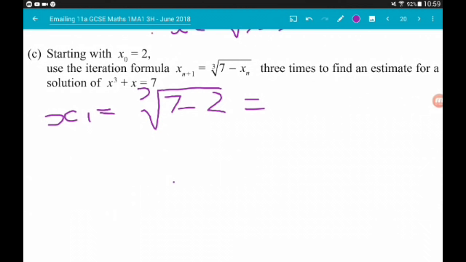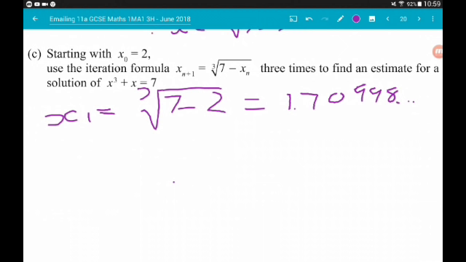So for that, we get 1.70998. Now that does keep going on. Well, that should be enough decimal places.